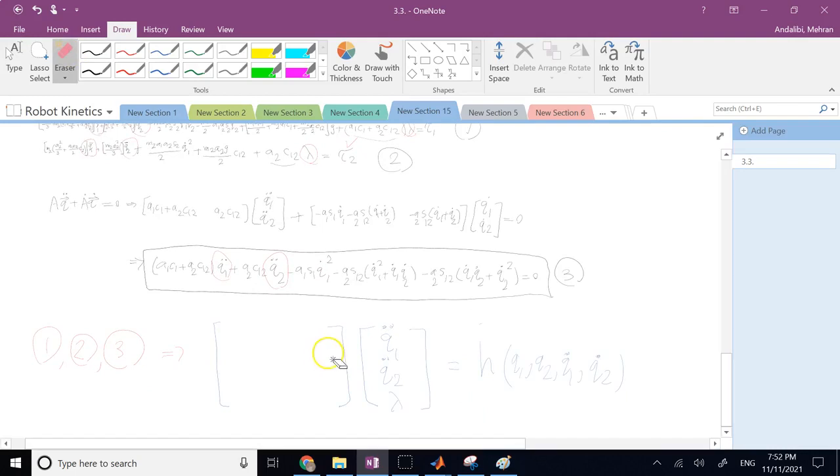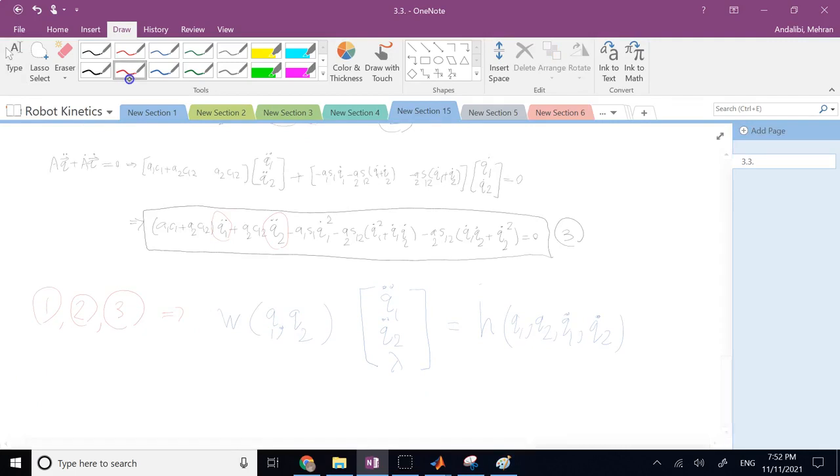So if you want, you can write it as some other function, something like w of q1 and q2, where this is a 3 by 3 matrix. This is a 3 by 1 unknown vector, and this is a 3 by 1 known vector. Of course, here you also have the taus, tau 1 and tau 2.